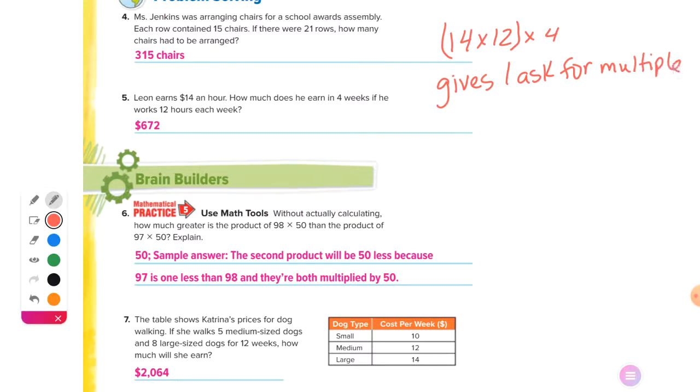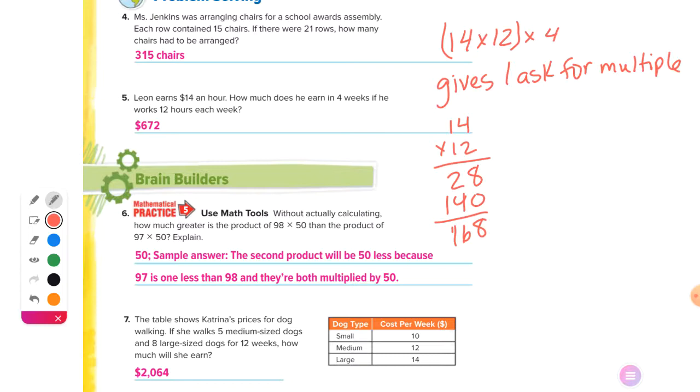Okay, and the first thing we would have to do is take 14 times 12. I'm going to go ahead and do that math real quick. 168. What does that number tell me? If he earns $14 an hour, 12 hours a week.